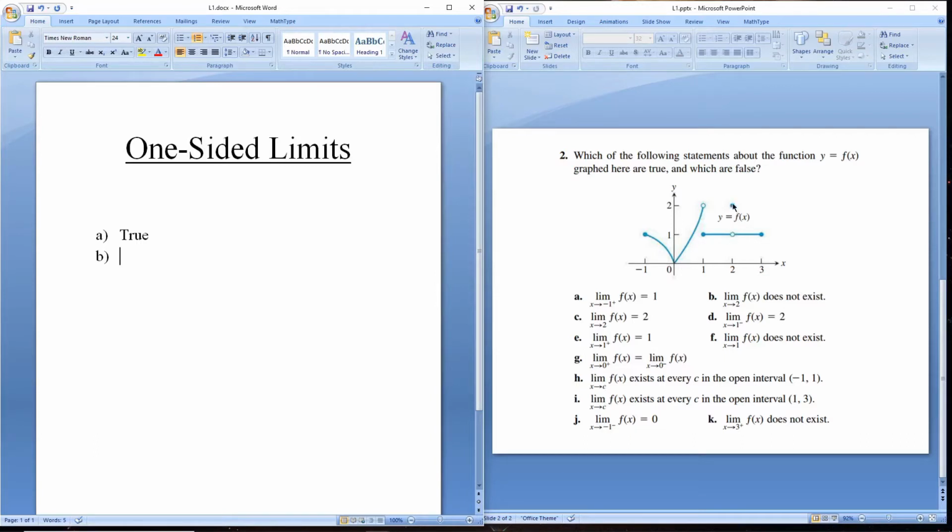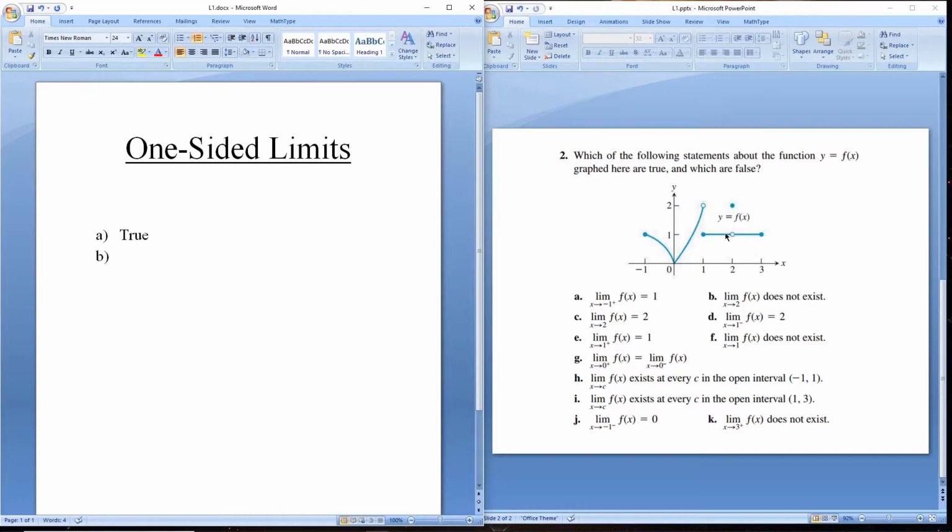Now, what's the deal with this dot up here? Well, that's a jump. We go here, and if we actually go to 2, we would jump up to here, and we jump back down. But remember, as we approach means we never actually become 2. So the limit never jumps to this point.